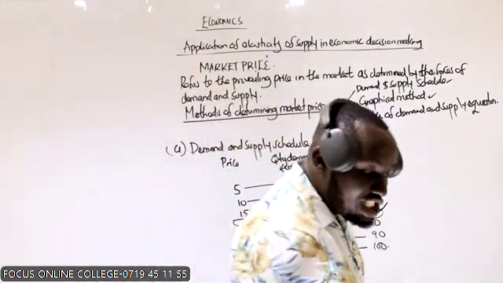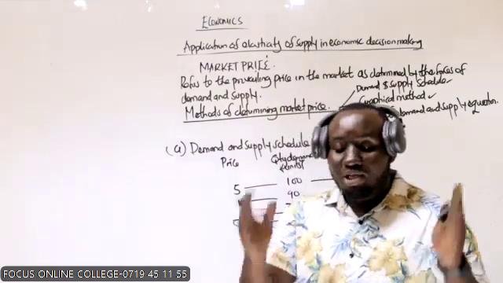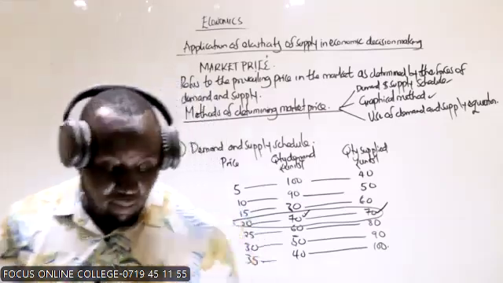So if I'm given the demand and supply schedule, I can get the equilibrium price. It is easy. It is the point where the quantity demanded is equal to the quantity supplied.